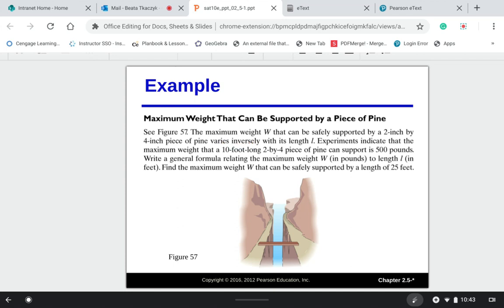In our case, y will be w, because we have inverse variation with its length. So you have two variables, w and l. They vary inversely. So just by reading the first sentence, I know that the formula we need to use will be w equals k over l.